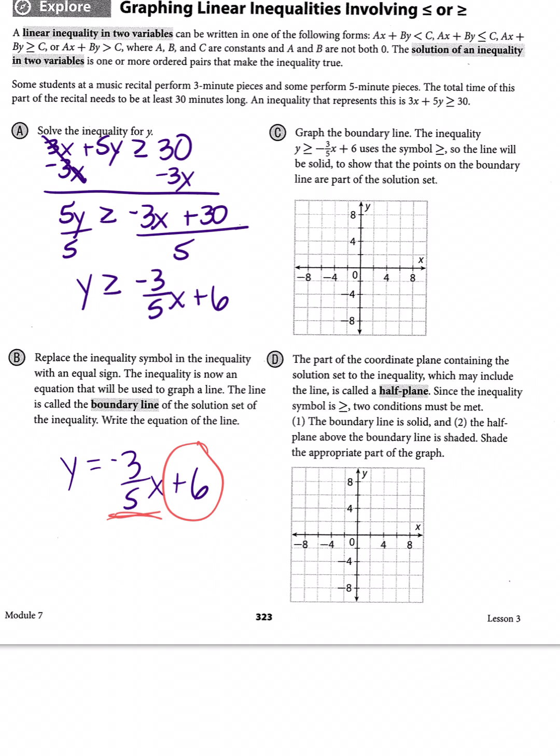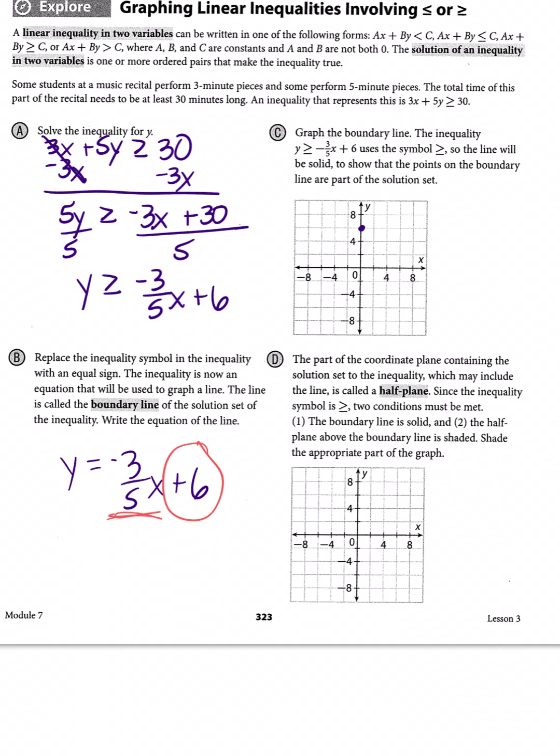Over here in C, it says graph the boundary line. So we're now going to start at the intercept. And keep in mind that it is counting by 2's on the axes. So make sure when you go down 3, you're going down 3 and not just down 3 boxes. And it says it uses the greater than or equal to symbol, so the line will be solid.